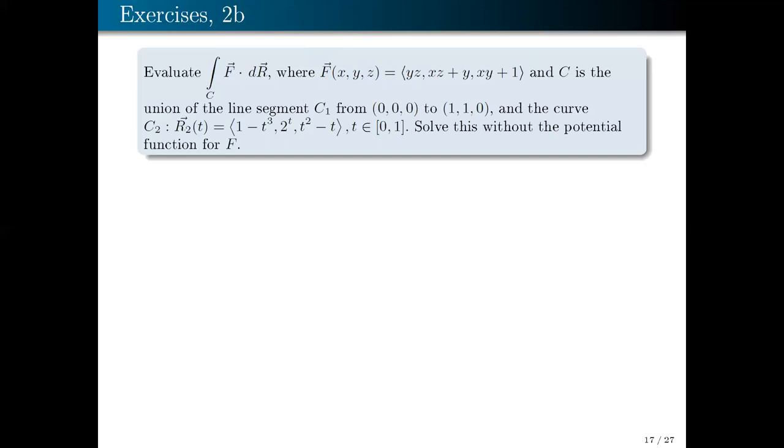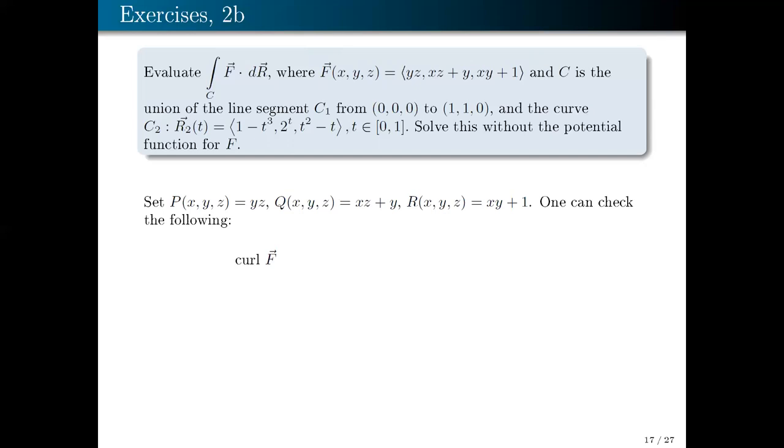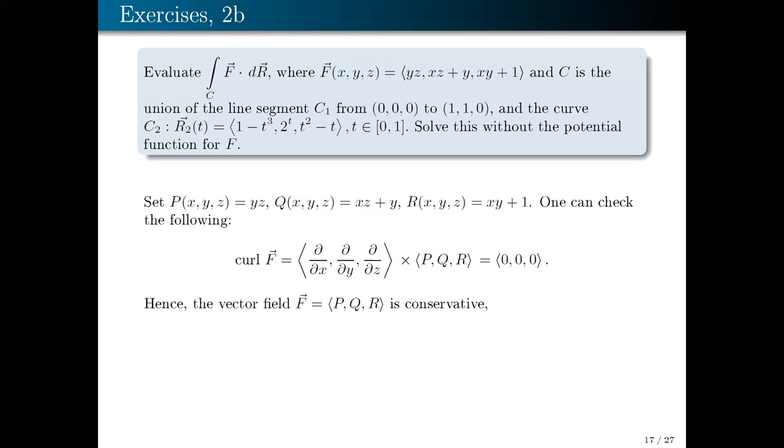Again, I will be leaving it to you to check that the vector field PQR is conservative, meaning the curl of F, which is the del operator cross PQR, is going to be the 0 vector, making our vector field conservative so that your line integral is independent of path. Again, we will be using that fact here.